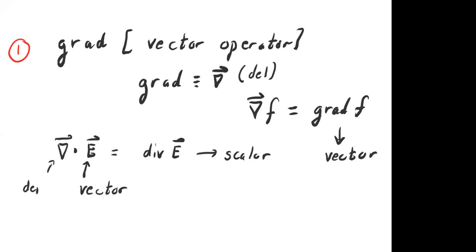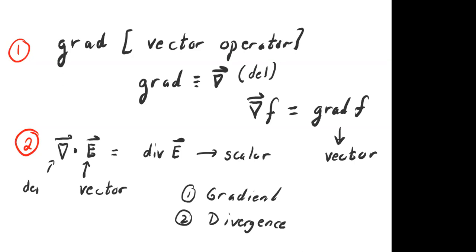So in problem set 3, or 4 rather, you'll be asked to do lots of things. You'll be asked to take a series of scalar functions and learn or practice how to take their gradients, as well as taking vector fields and learn how to take their divergence.